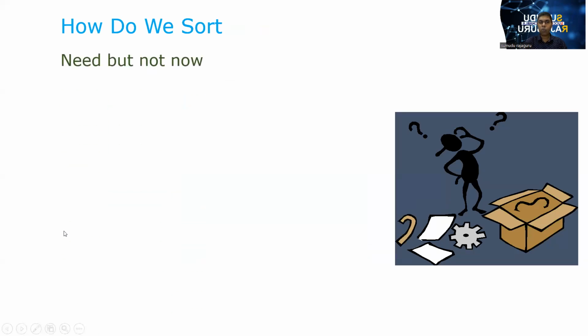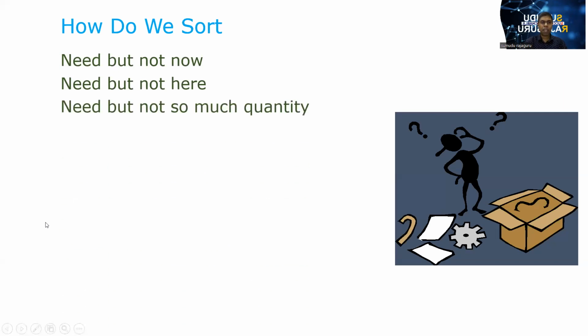Then how do we sort? We can think like this: need, but not now. Need, but not here. Need, but not so much quantity. Not needed at all. These are the self-questions we ask.